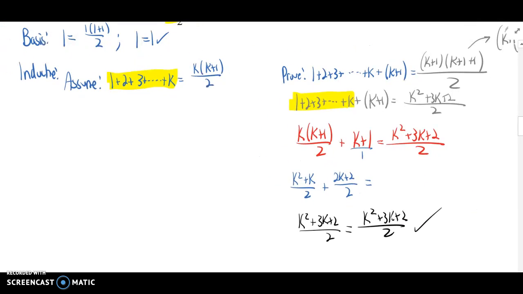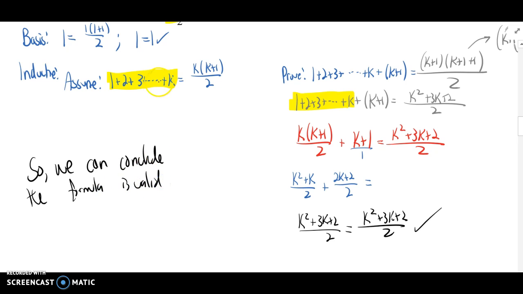We proved the basis, we made an assumption, and then it worked for the k plus 1 term. So we can conclude the formula is valid, not just for 1 and not just for the k term, but every term after that. So it's valid for all values of n.